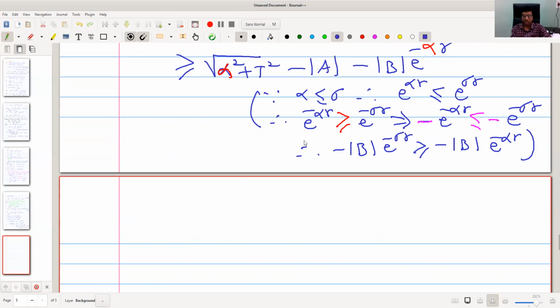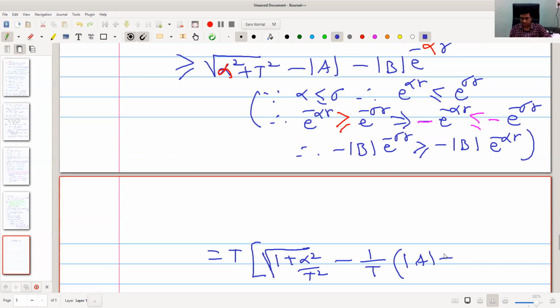So right hand side is equal to t into square root, and since I'm taking t common from the square root, I should divide by t square, so in bracket it should be 1 plus alpha square by t square, everything under root, minus 1 upon t into mod a plus mod b, taking the minus sign outside, e raised to minus alpha r.